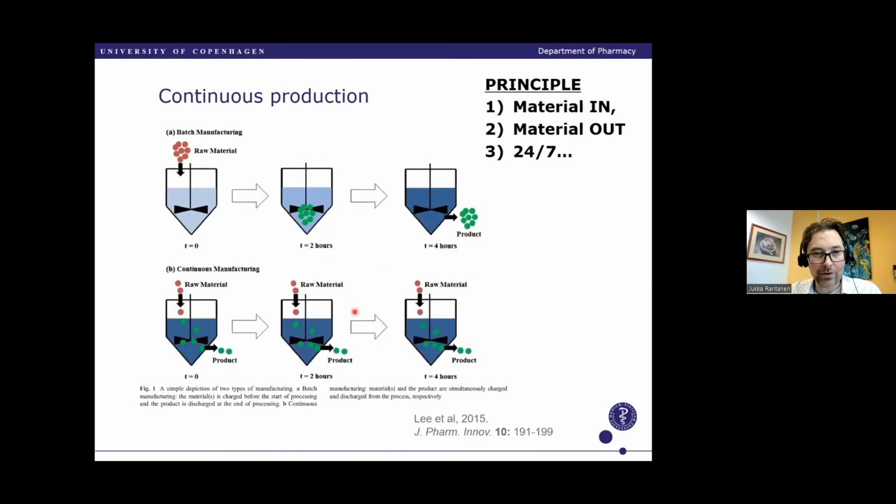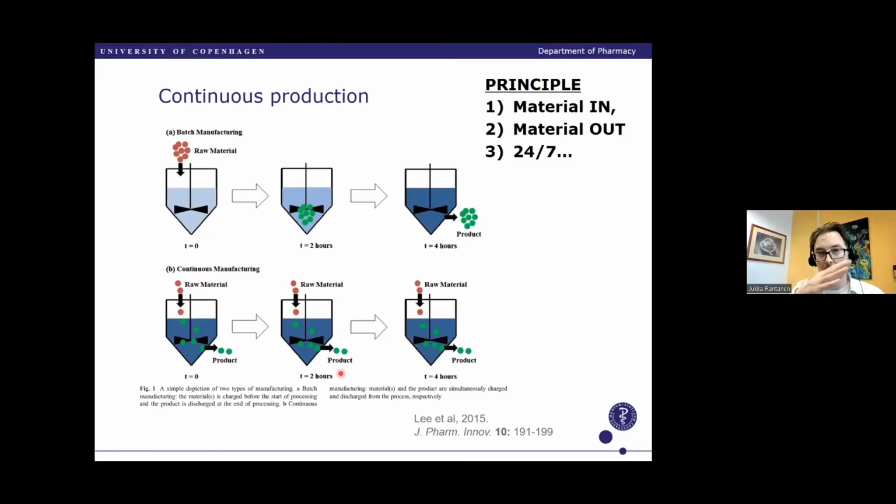But in the case of continuous processing, the idea is that you have a processing environment where you feed in the raw material all the time, and at the same time you remove the material out. So you reach an equilibrium here. Your raw material feeding rate is matching the product removal rate.